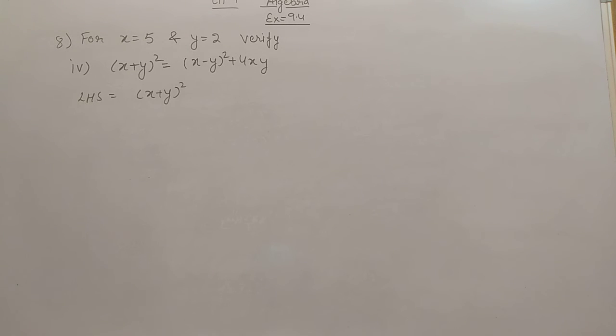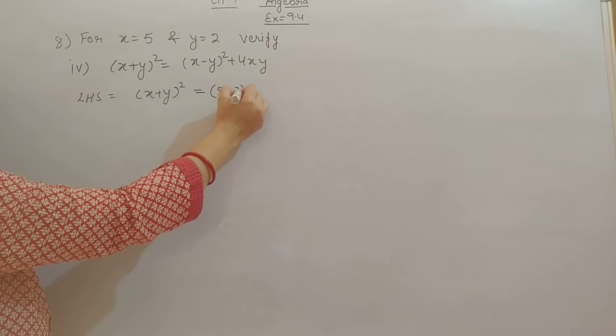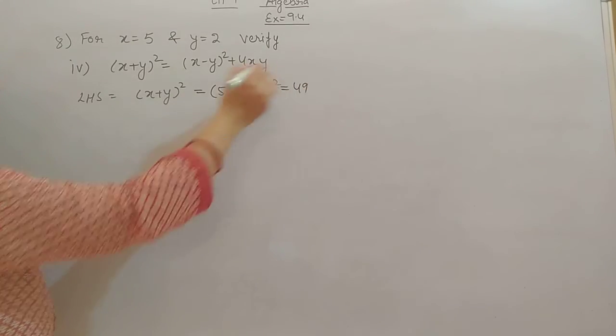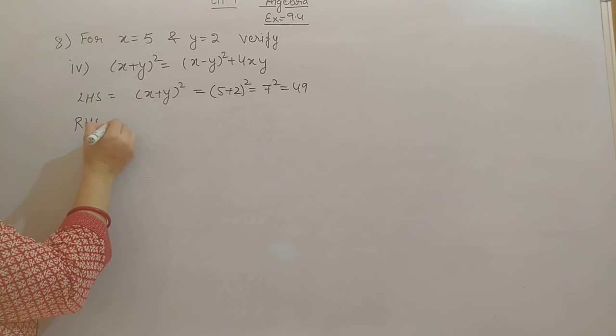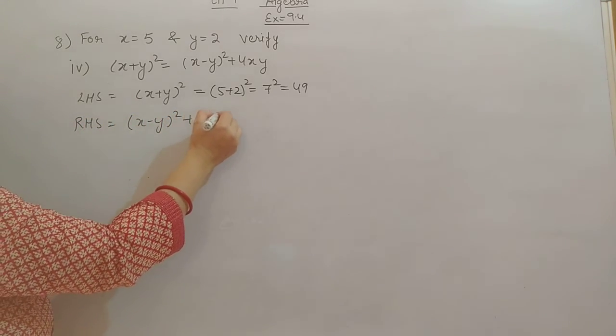Fourth part, x plus y whole square is equal to x minus y whole square plus 4xy. So first left side we will take x plus y whole square, 5 plus 2 whole square, which is equal to 7 square equal to 49. 7 into 7, 49. Now right side we will take x minus y whole square plus 4xy.